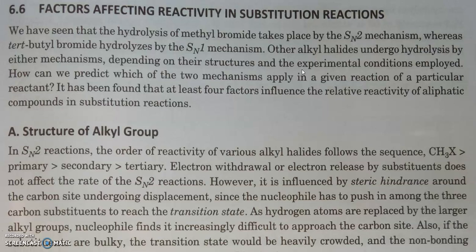It has been found that at least four factors influence the relative reactivity of aliphatic compounds in substitution reactions. So, structure of alkyl groups. In SN2 reactions, my friend, the order of reactivity of various alkyl halides follows the sequence: methyl, primary, secondary, and tertiary. This is the sequence of SN2 mechanism.